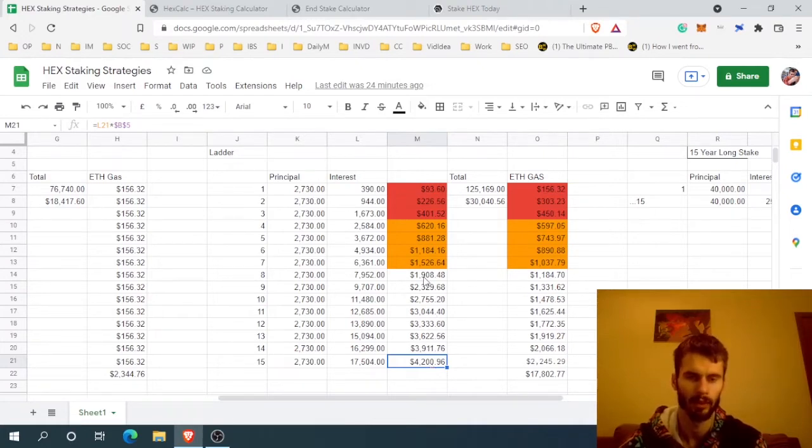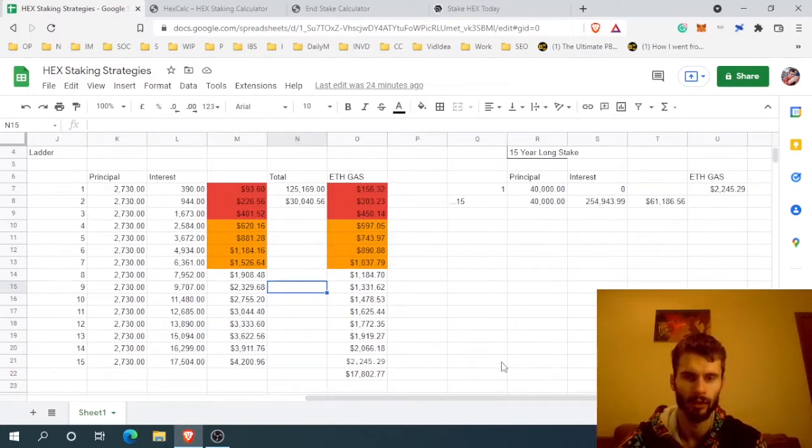In this example, it is year by year, so you would have money coming in every single year. So you would not have that pressure to unstake your Hex. Let's say you only had a 15-year stake and you would not have any income coming in from your stakes, you would just have, like, paper gains, because you would be getting rich on paper, but for 15 years you will not be able to touch it.